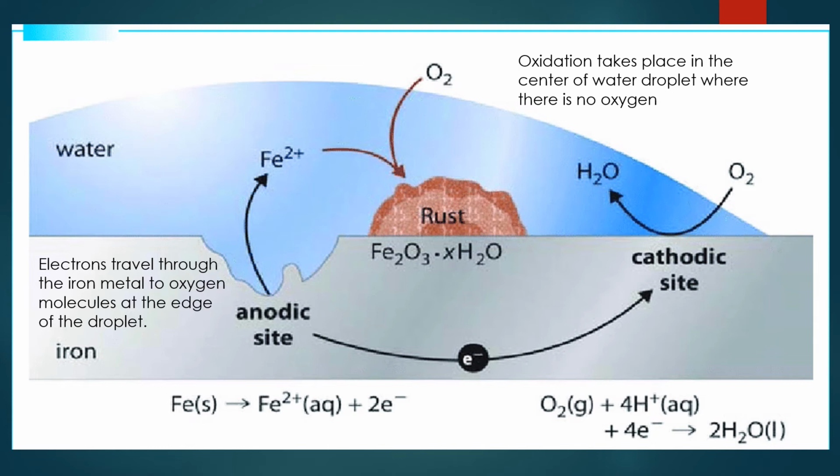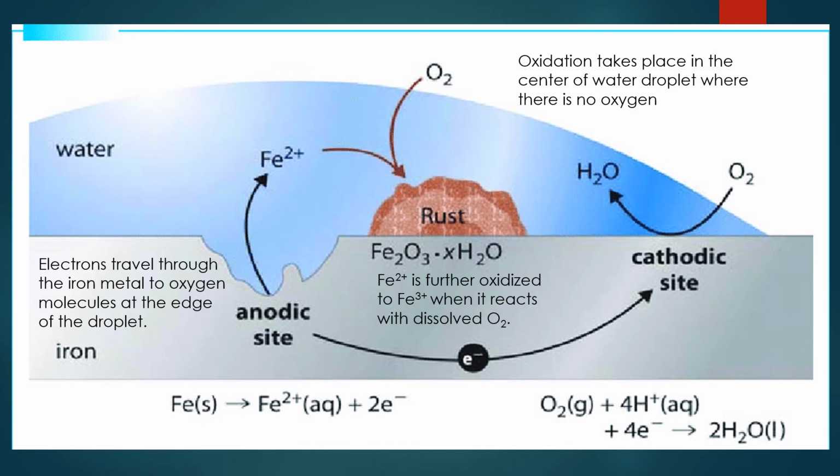Then electrons will transfer and travel through the iron metal to the oxygen molecules at the edge of the droplet. Those electrons get donated from the iron. Iron becomes iron 2+. The electrons get transferred to the oxygen. Oxygen picks them up, mixes with hydrogens from the water, and becomes liquid water. The last step here is that iron 2+ is further oxidized.